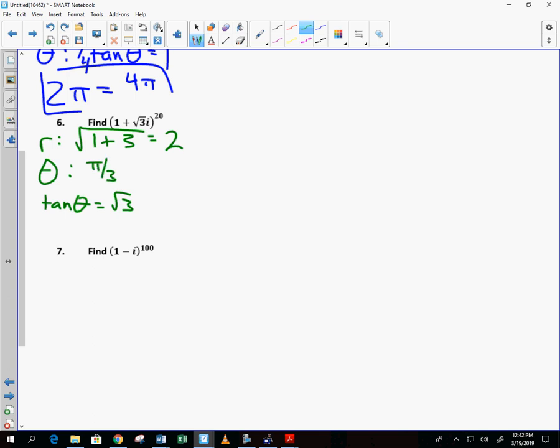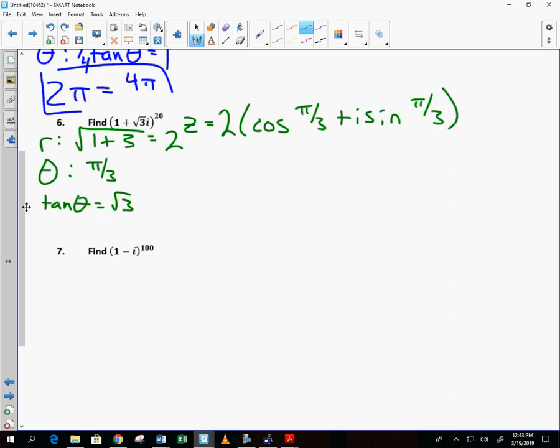We are now ready to write it in trigonometric form. We have 2 times the cosine of pi over 3 plus i sine of pi over 3. z is equal to that guy. What do we want to do with z?